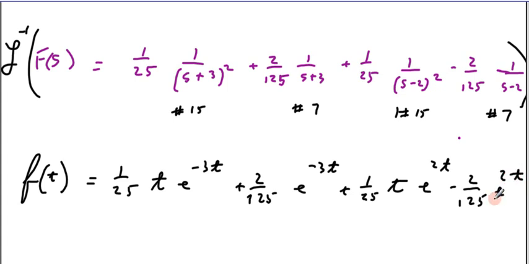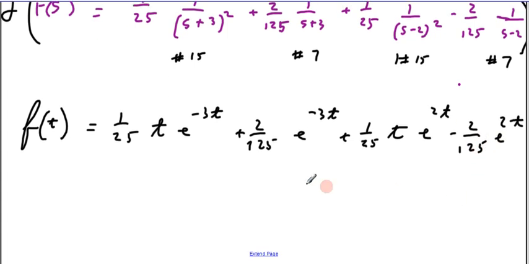And if we play with that just a little bit, we might be able to get what the back of the book has. And if we can't, then what good are we?